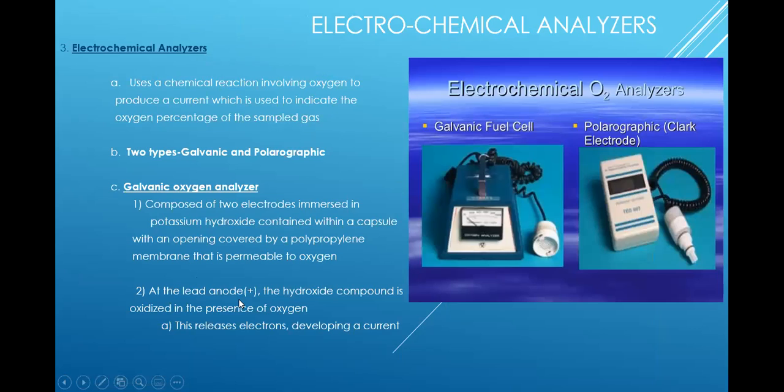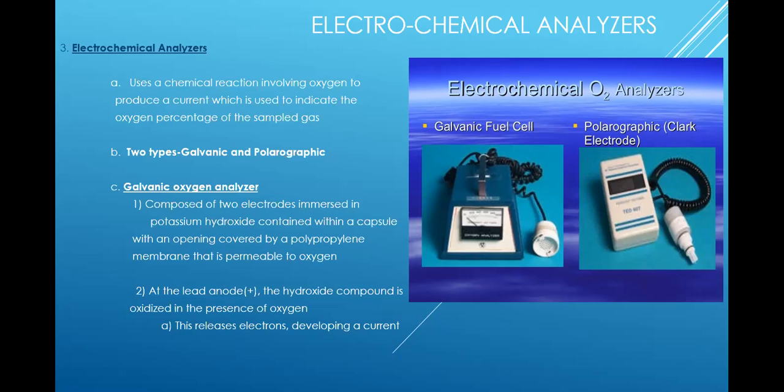All right, the next one. This is the electrochemical analyzer. So you have the paramagnetic, then you have the electrical, now you have the electrochemical analyzer. This is the third type of oxygen analyzer.